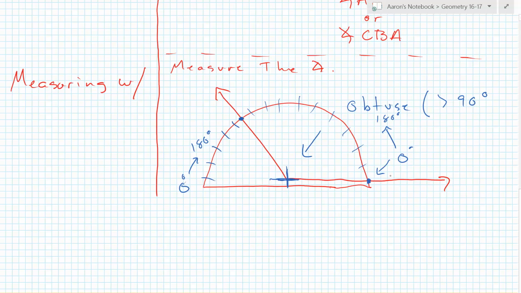If we were to measure this angle, and this side of the angle were to land on, let's say, 147 degrees, it may also land at 33 degrees. So the big question is, is this interior angle 147 or 33 degrees? Well, we know that it's obtuse, so we know it's got to be greater than 90 degrees, and so we know that it is the 147 mark.